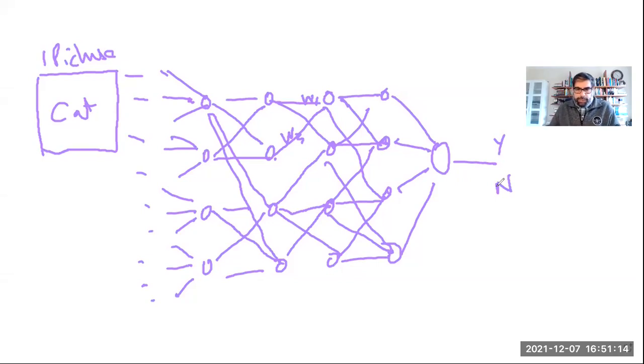So what will happen in this case is that I'll show it a picture and the computer will randomly assign weights and it will generate either a yes or no. Suppose it's a picture of a cat, but it produces a no. So I will tell the computer that you have come up with the wrong decision.